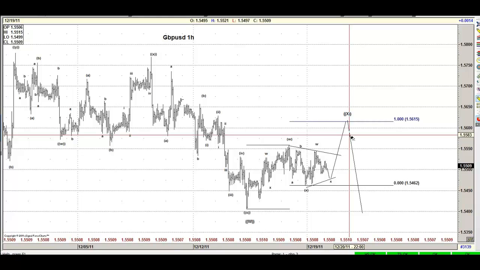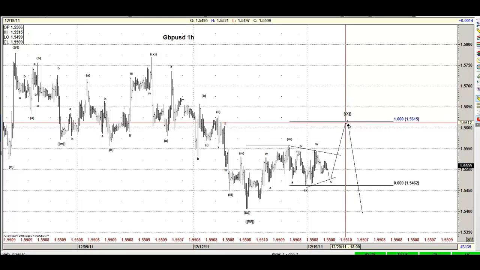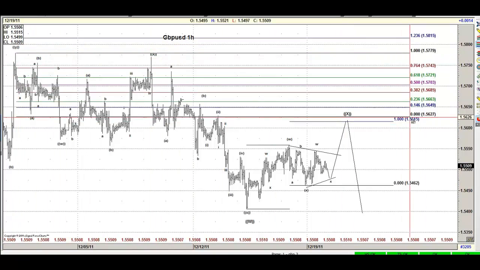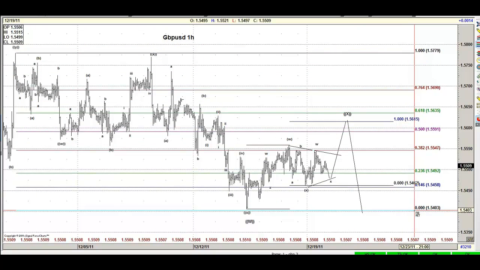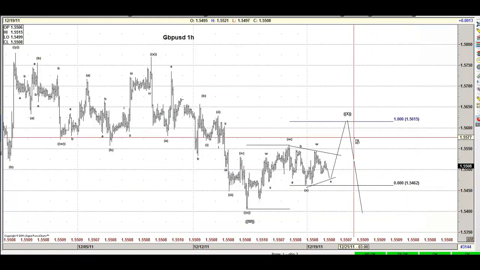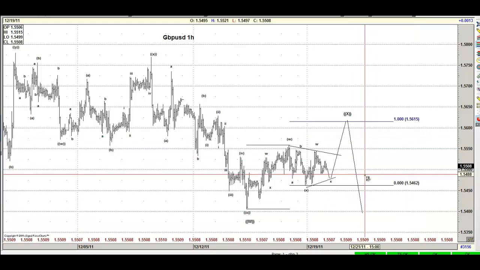And then we like the chances of the equal legs right here. We like the chances that this is around the 618, and then we know for sure we're going to be able to cover the trade. We decided that that's going to be the trade that is going to find the last leg on the dollar higher instead of the euro.